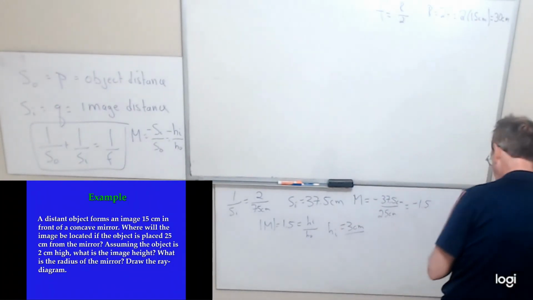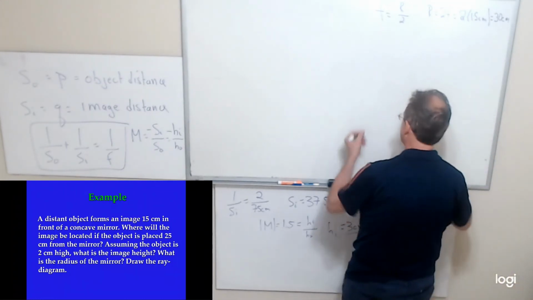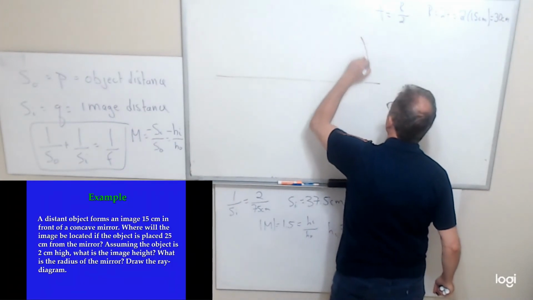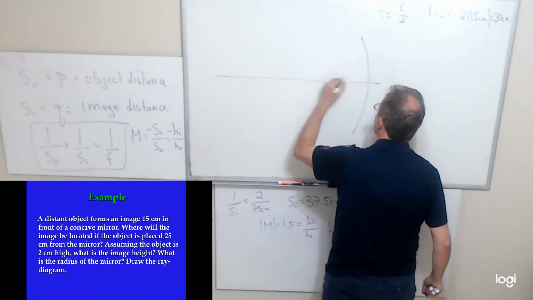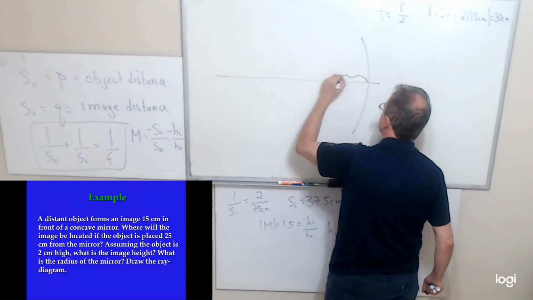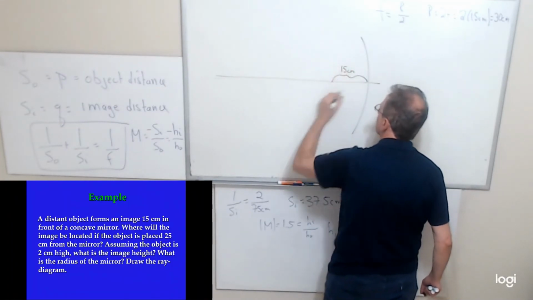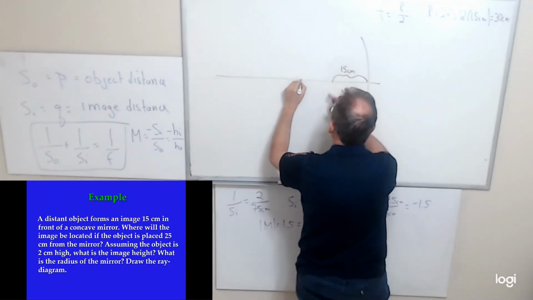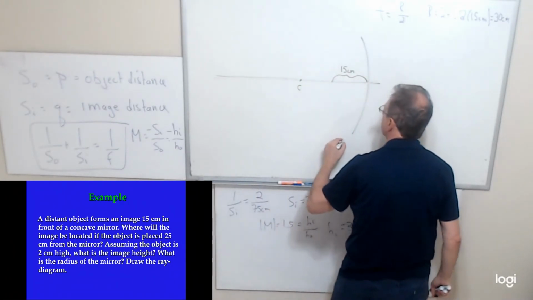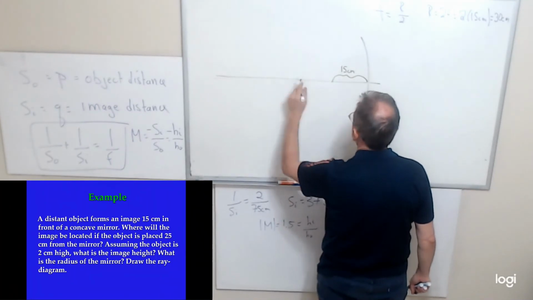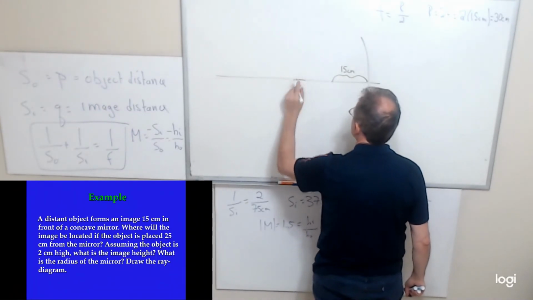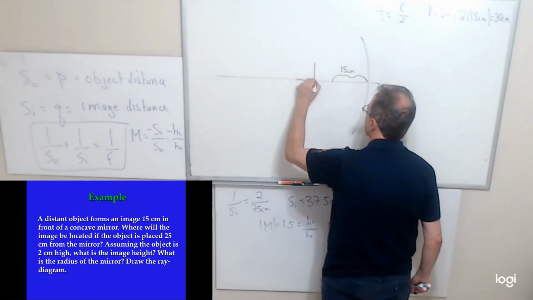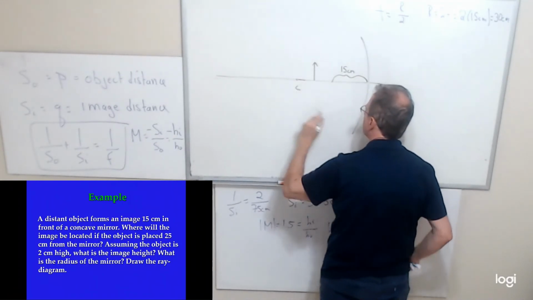Okay, let's do a ray tracing for this. Here's my black marker to draw my mirror. This is 15 centimeters, and twice this distance. That's the center. I guess that's close enough. And let's put the object right over there.